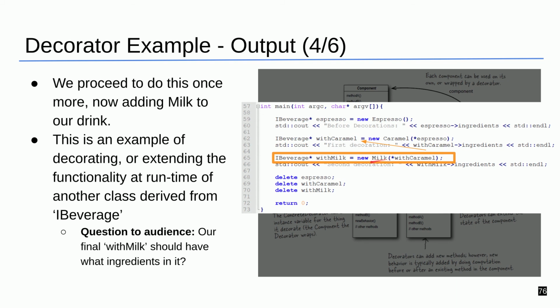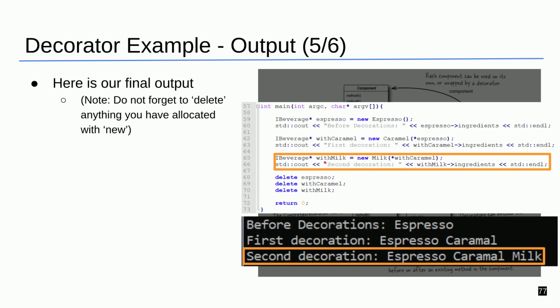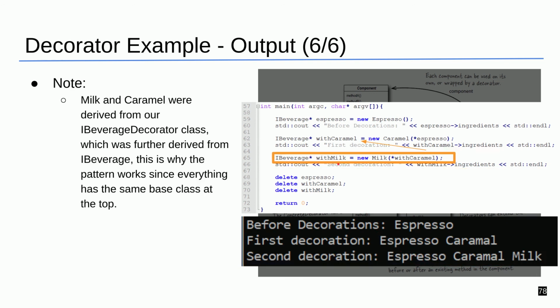If we look at this, will our milk have all the ingredients here, the with milk here? Well, yeah, if I print this out, since it was taking in other objects in the constructor, we'll have our espresso, caramel, and milk for our final object that's been decorated here. Okay, so this works as intended.